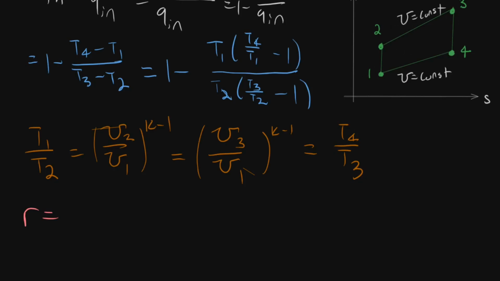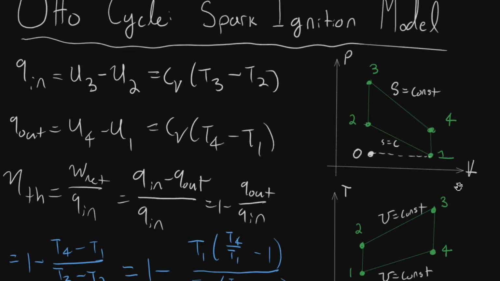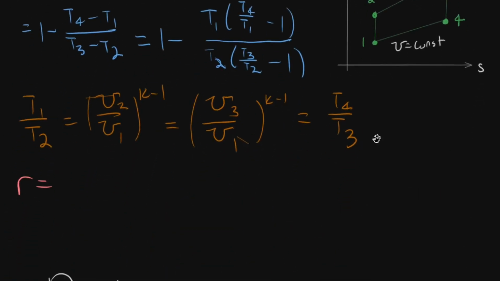The way that you would write this, it's going to be a little bit easier with the volume diagram, is V1 over V2 or V4 over V3. These are both valid ways of writing the compression ratio. So this right here, or sorry, I wrote V1 there. This should be a V4. My bad, I miscopied it.